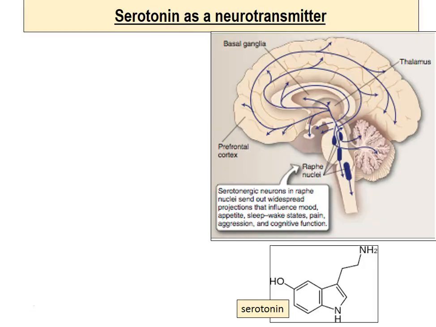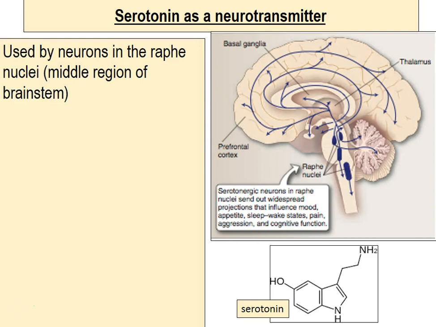Let's switch gears and talk about serotonin as a neurotransmitter. This is used by neurons in the raphe nuclei, which is in the middle region of the brainstem, which I got this picture off the internet. These are called serotonergic neurons because they produce serotonin.